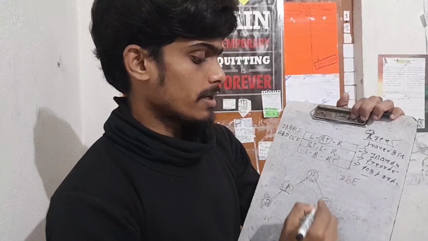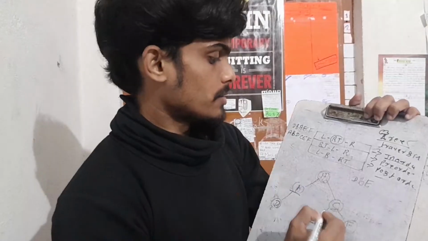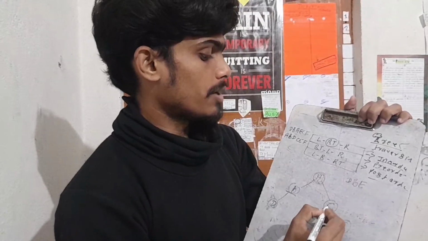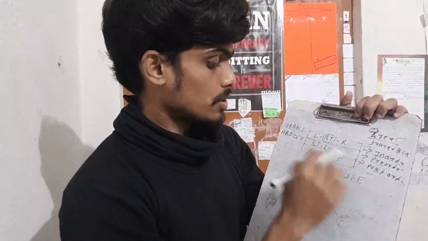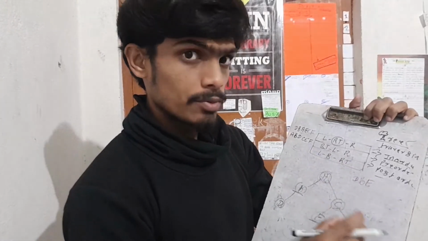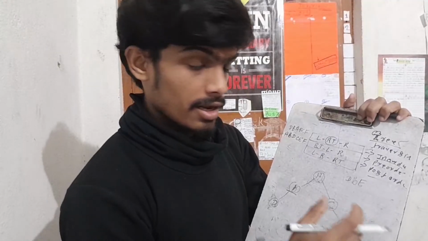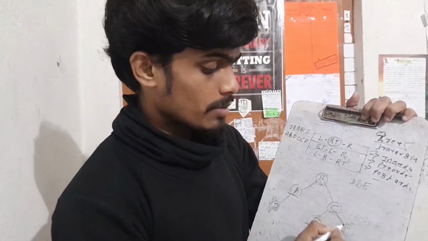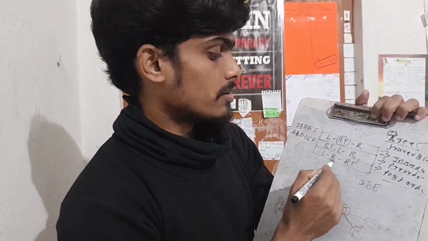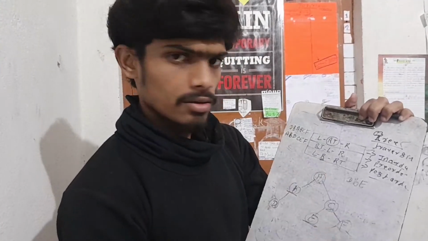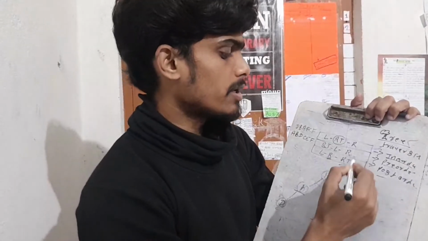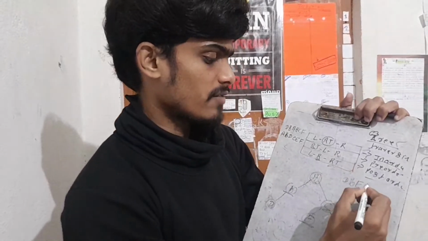So now we will return to the C. When we come to the C, we have already visited its left branch. Now we have to visit its right branch. So right branch is F. We check the F's left, nothing, right, nothing, empty. So we will display the root. F is root here.